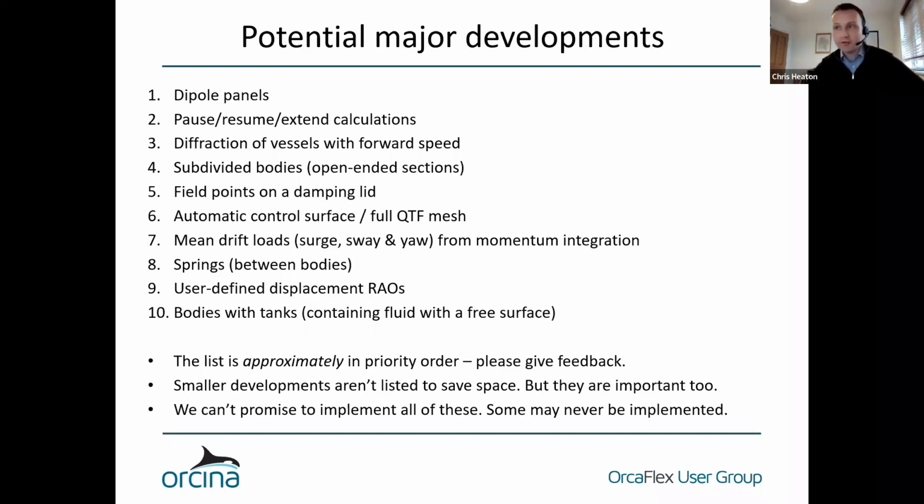Anyway, here's my list of potential major developments. I think they're self-explanatory. If they're not, then pop a question in the Q&A, and I can expand a bit on them. They're approximately in priority order, or our best estimate of priority order.